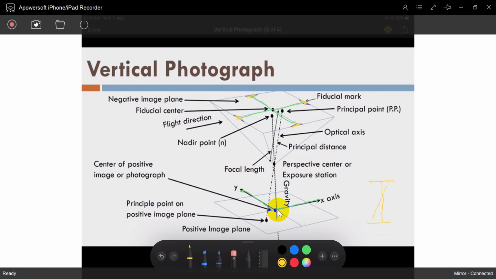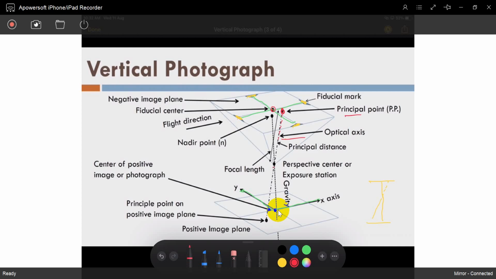So the optical axis, in red color, doesn't meet exactly, the optical axis point doesn't coincide with the exact center of the photograph. Why? Maybe a small tilt of 2 or 3 degrees will happen. That's why the principal point doesn't coincide exactly with the center of the photograph. 2 degrees, 3 degrees will come, but we don't discuss those things.